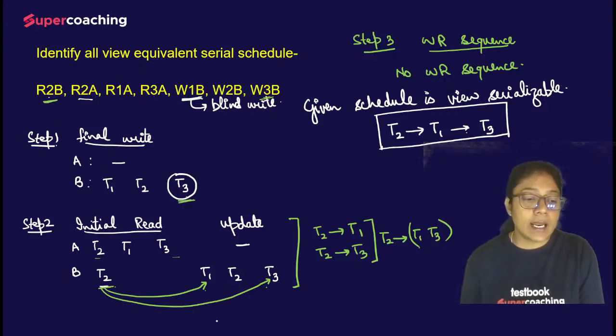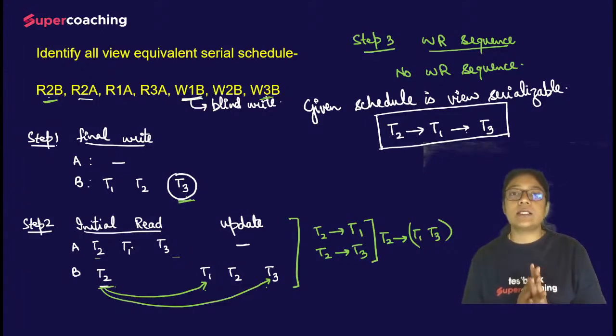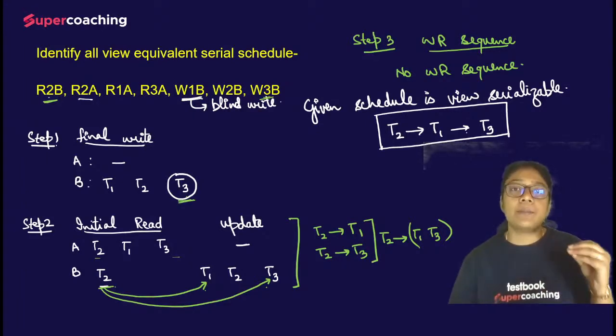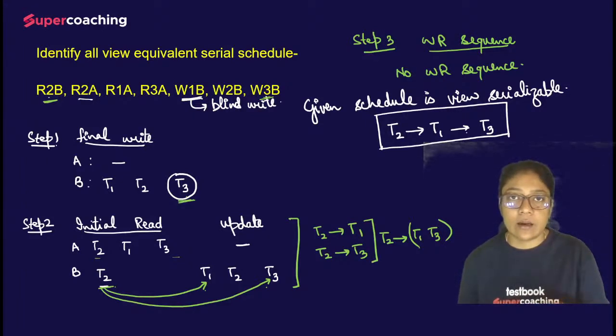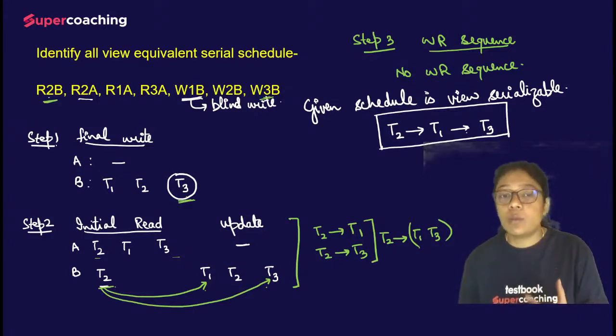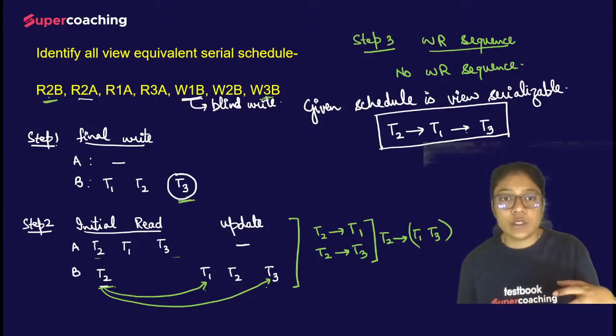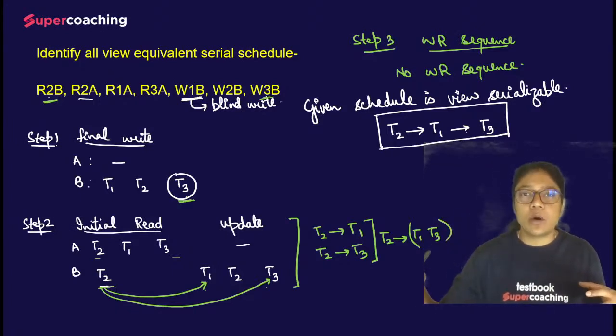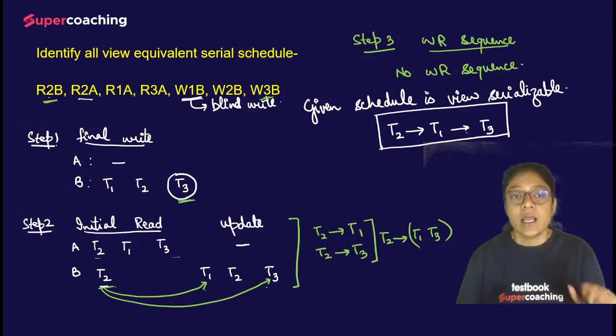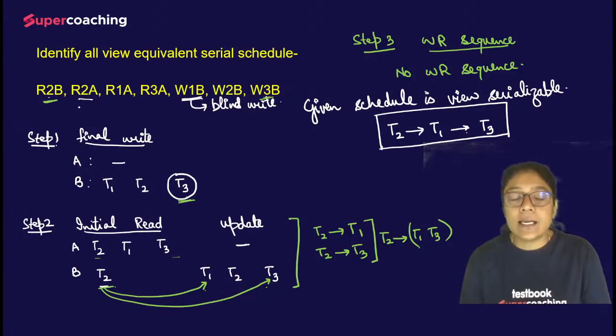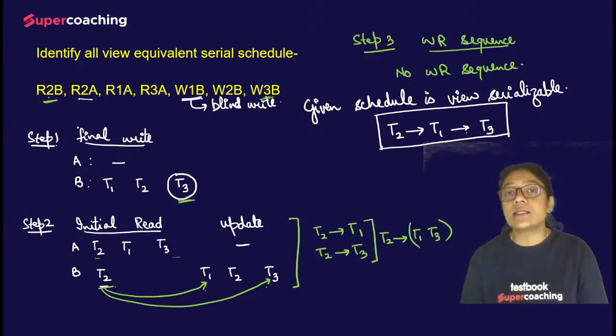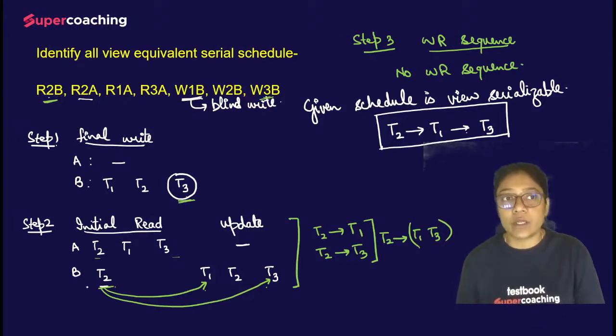Step 2, repeat again. In step 2 what we are doing is हम लोग initial read check करें. मतलब simple सी चीज है. Initial read का मतलब ये है कि आपने directly value को database से read किया, यानी कि you are getting the unmodified value. तो after performing the initial read उसके बाद कोई भी transaction उसको update कर रही है, doesn't matter. तो यहाँ पे हमने देखा कि data item A को किसने read किया है without any modification.